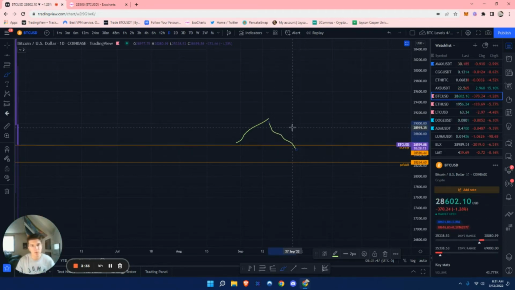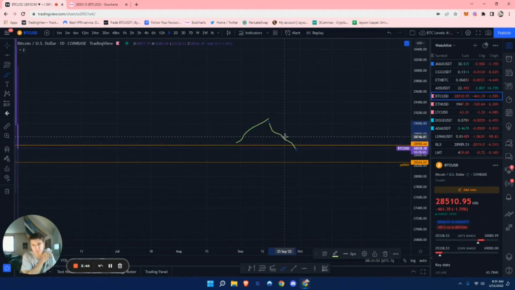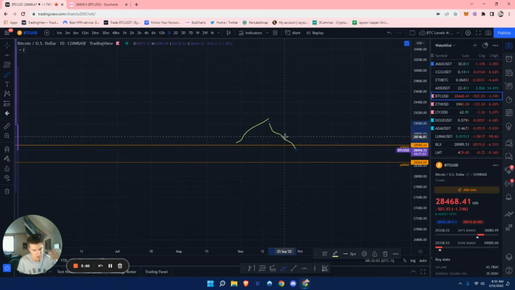Typically you want to see price making its way downward, and then a large amount of volume happening in the opposite direction. So if price was pumping, and then you see it reverse coming down with a large amount of selling volume, that is typically a good sign that price will reverse downwards, and you can hop in the trade on that.